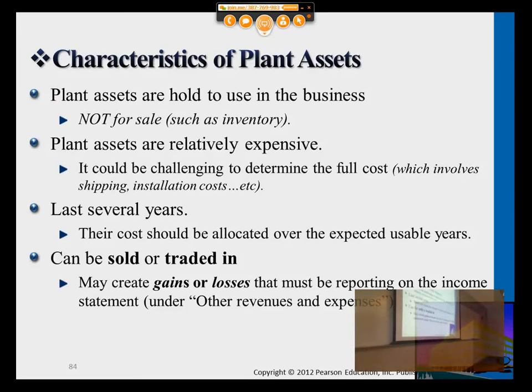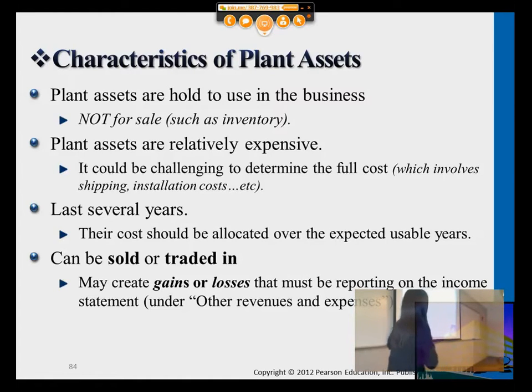Okay, so the general characteristic of plant assets is that they have a lifetime longer than a year. Remember the definition of short-term and long-term: the threshold is that anything with a lifetime less than a year is a short-term asset, and longer than a year is a long-term asset. Relatively speaking, compared to inventory, each and every unit of long-term asset, meaning each machine or piece of equipment, is relatively more expensive.